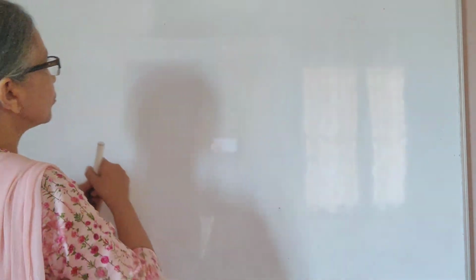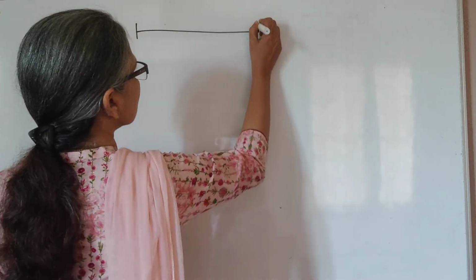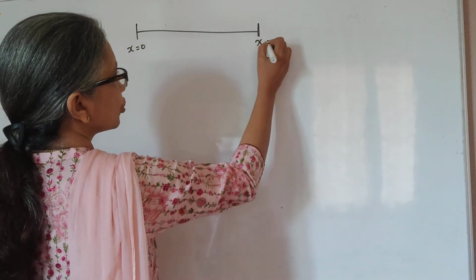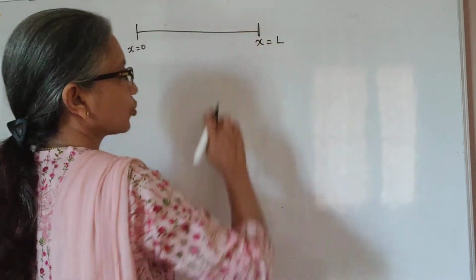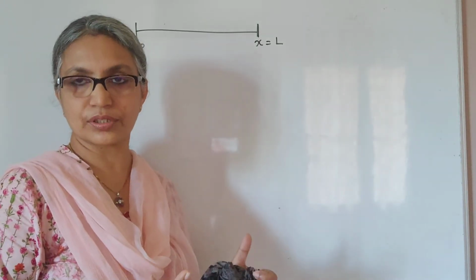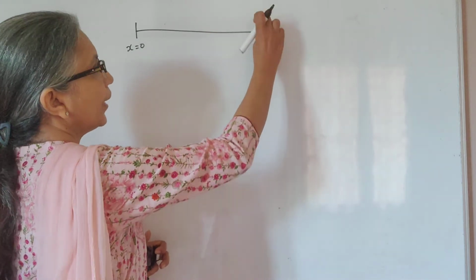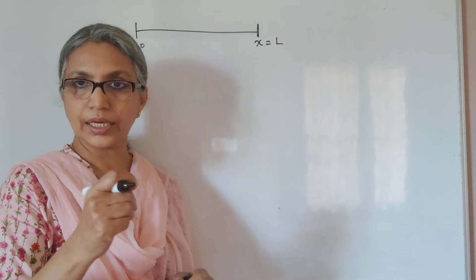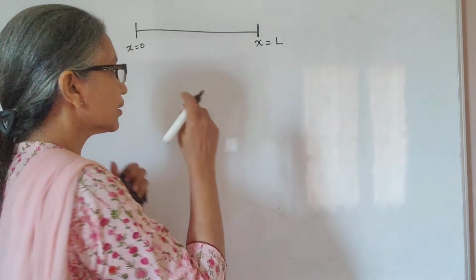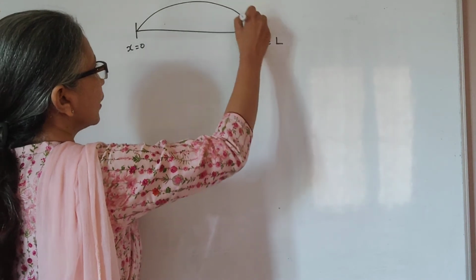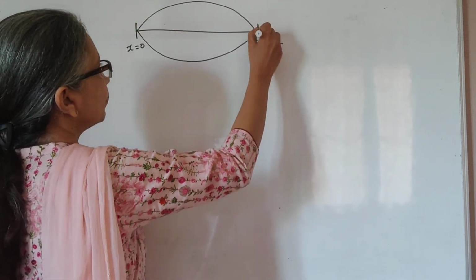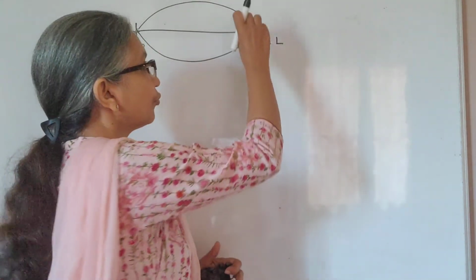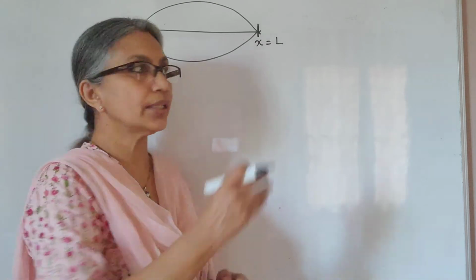So here, suppose we take, let's say this is the string, this is position x equal to 0, and this is position x equal to L, because this string, if it's the guitar string, a stretched string, is of length L. Now if you pluck the string and set up stationary waves, the simplest mode of vibration will look like this, because at both the fixed ends you can have only nodes, because the particles at that point are fixed and therefore they cannot move and they are stationary.